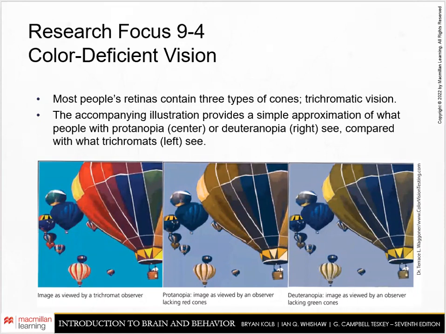Now, while most people's retinas contain three types of cones for that trichromatic vision, this image that we have here illustrates an approximation of what people with protanopia, center, or deuteranopia, right, see compared to what trichromats on the left see.